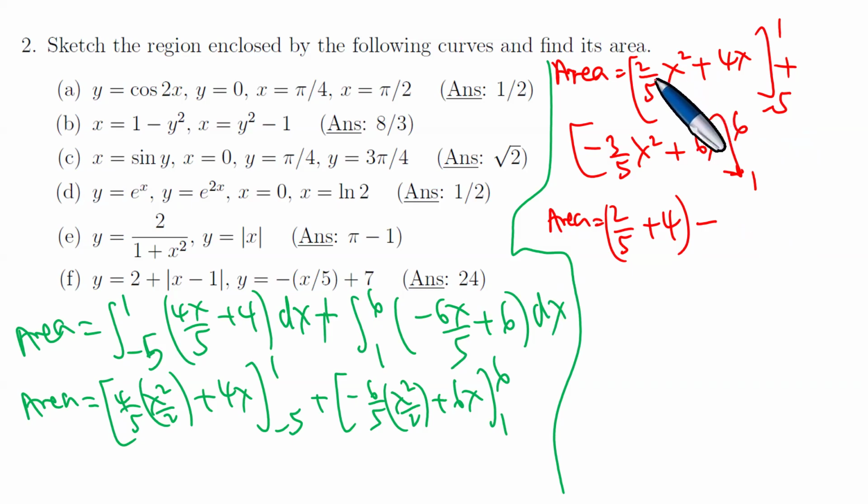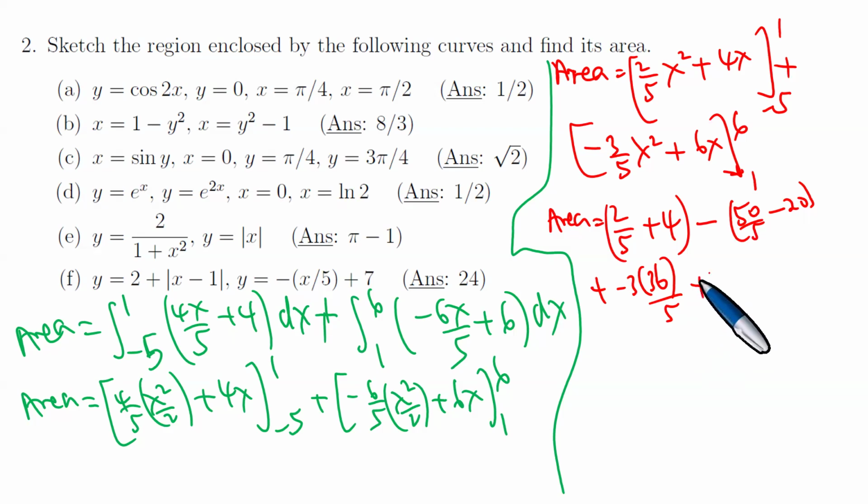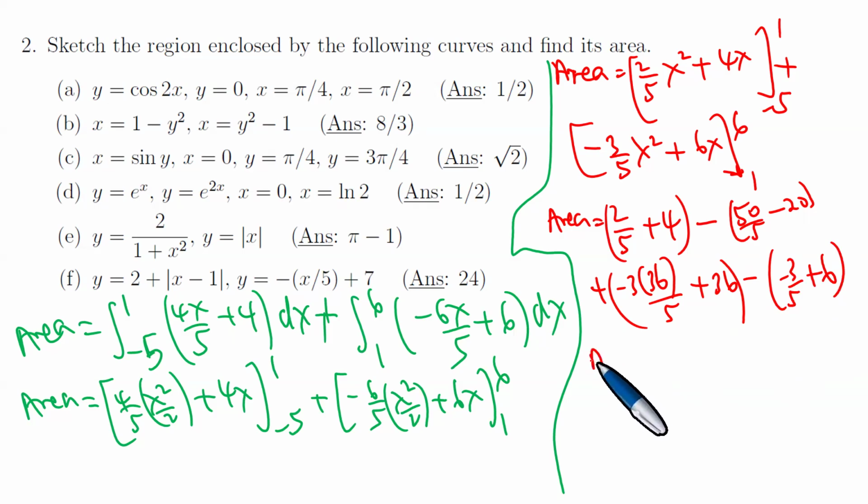The 25, if you multiply by 2, becomes a 50 over 5, minus 20. Plus, you have the 6 squared, which is the 36. So it's minus 3, and then with the 36 over 5. Plus, 6 times 6 is the 36, minus 3 over 5 plus 6. Area.